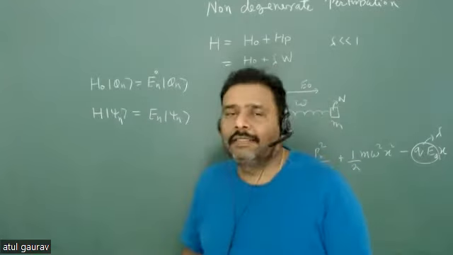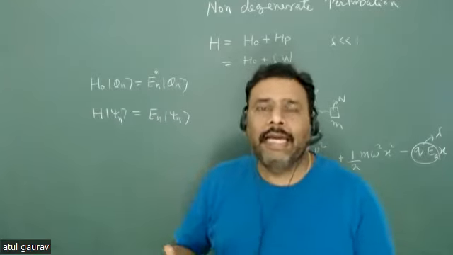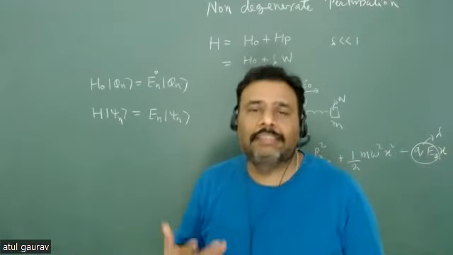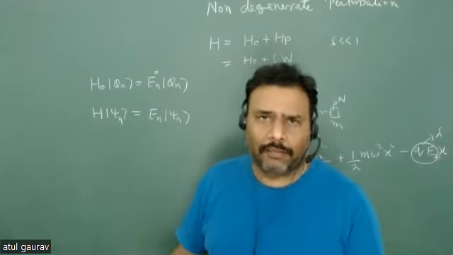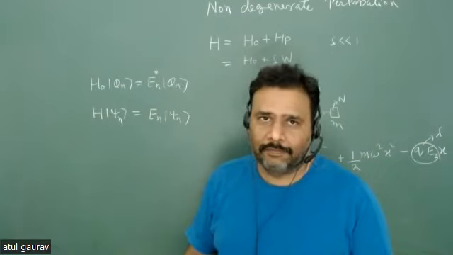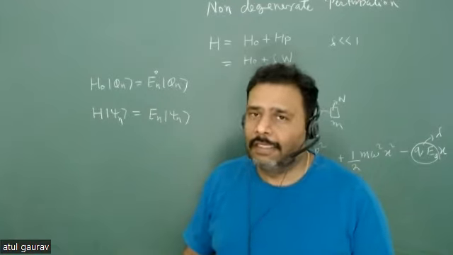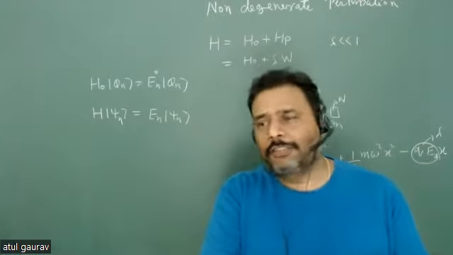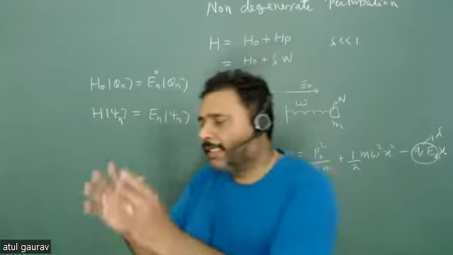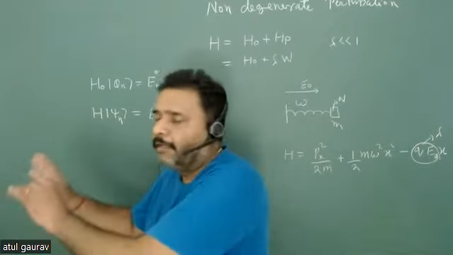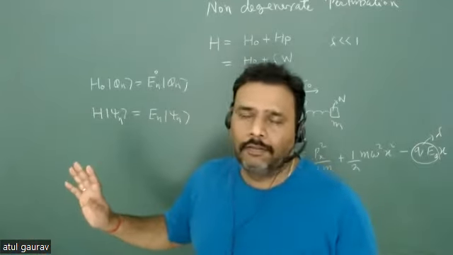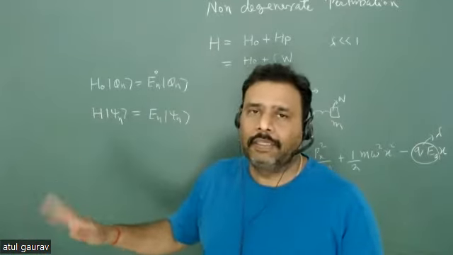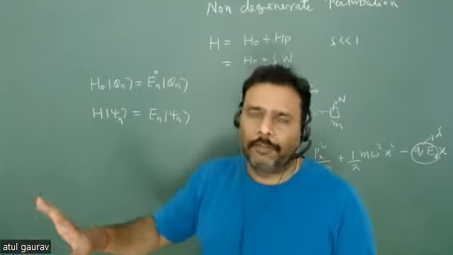Mathematically, it means the solution can be written in a basis of Hermite polynomials. If I am talking about the harmonic oscillator, that means the solution can be written in a basis of Hermite polynomials, as well as Gaussian times Hermite polynomial.